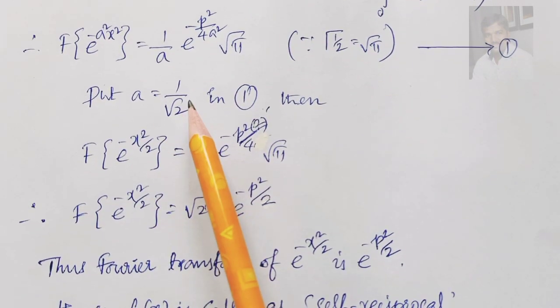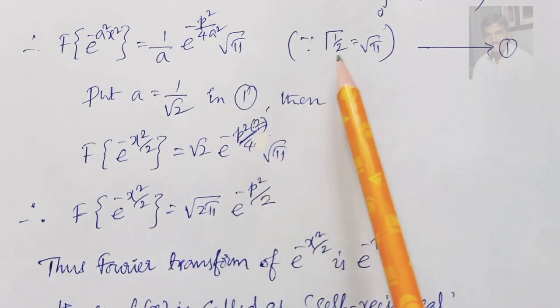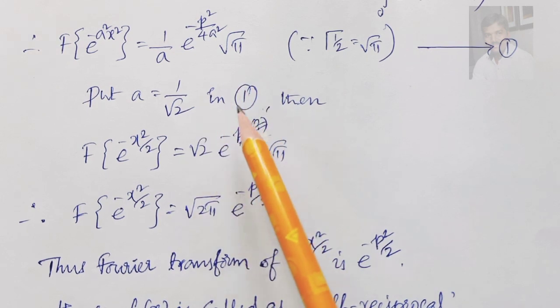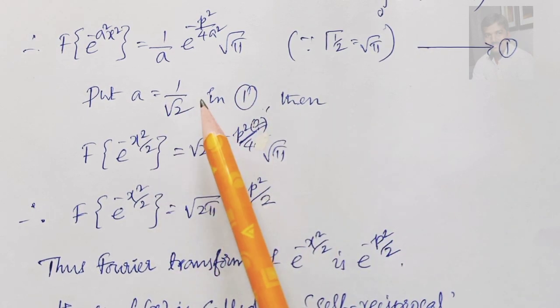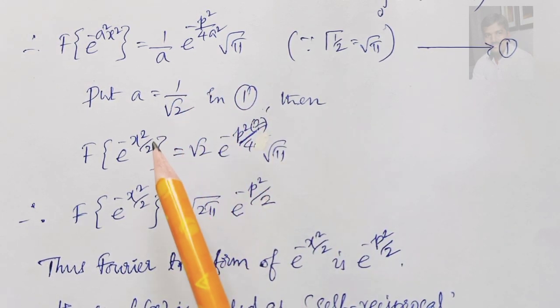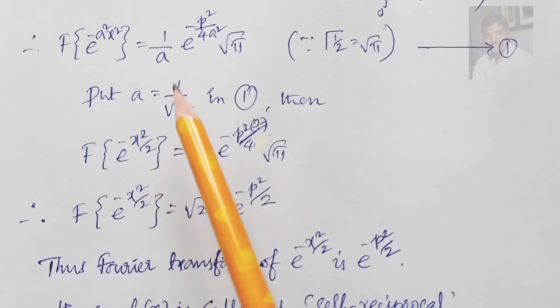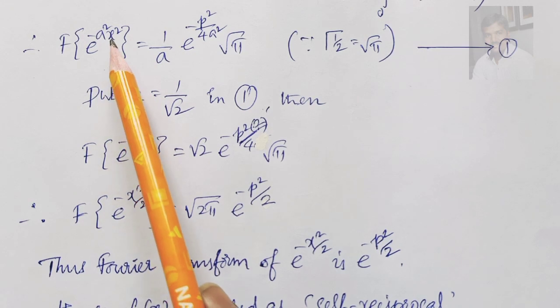Now put a is equal to 1 by root 2 in equation 1. Why are we putting a is equal to 1 by root 2? Because we need to find the Fourier transform of e power minus x square by 2 here. For that I put a is equal to 1 by root 2, so that I can get e power minus x square by 2.